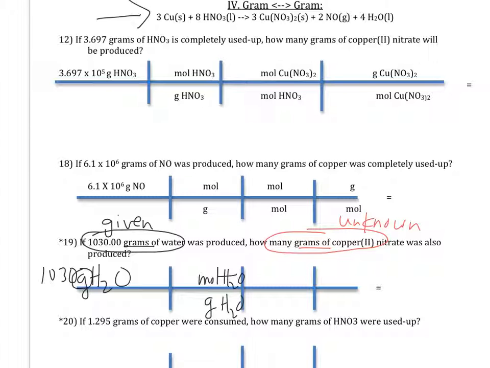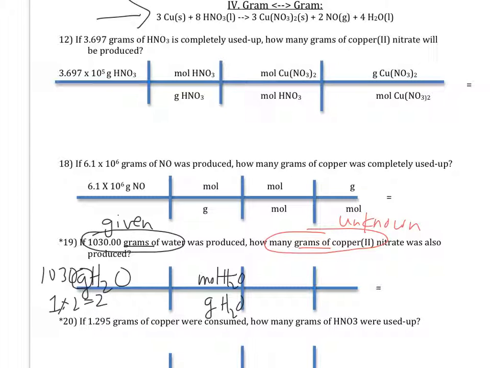How do we convert grams into moles? That's right, we use the molar mass. By now, you should know that the molar mass of water is 18. How do we get the 18? You add up the atomic weights from the periodic table. Hydrogen is 1, so 1 times 2 is 2.